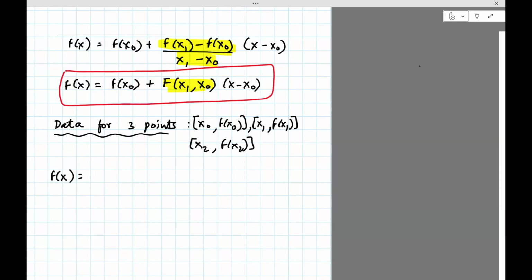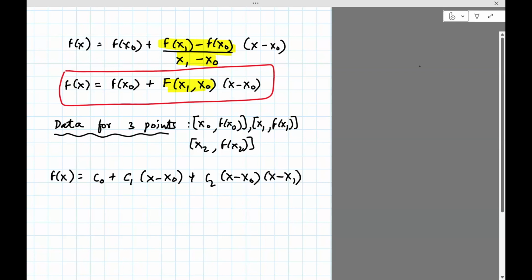There's a special way in which I write this equation. It is like this: c0 plus c1 times x minus x0. Note this was the first point. I need c2 because it needs to be quadratic. And then I'm going to put x minus x0, x minus x1.